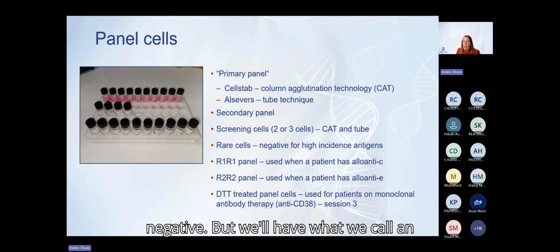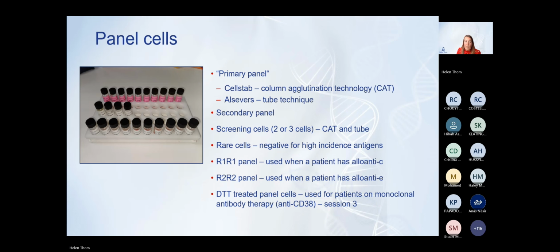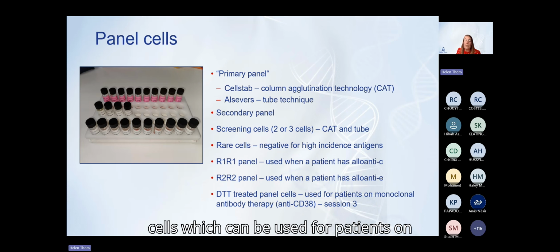We'll have what we call an R1R1 panel, which we use when a patient has an antenatal C, because it lets us see what's happening underneath, where it's masked on your normal panel. There's also an R2R2 panel, and we can use these when the patient has antenatal E. We also have DTT treated panel cells, which can be used for patients on monoclonal antibody therapy, and I'm going to cover that in session 3.